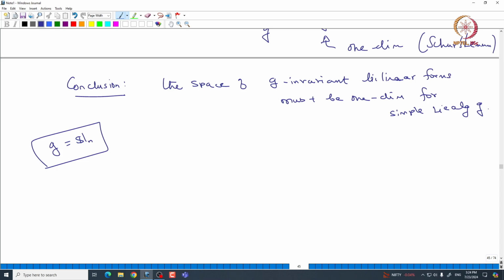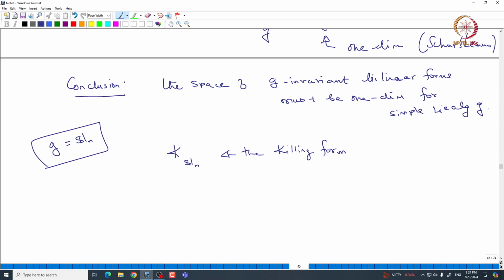Now, there are obviously two different G invariant bilinear forms one can construct for SLN. One is the Killing form. If you think about it, it is not that easy to compute, because we are working with the adjoint representation.